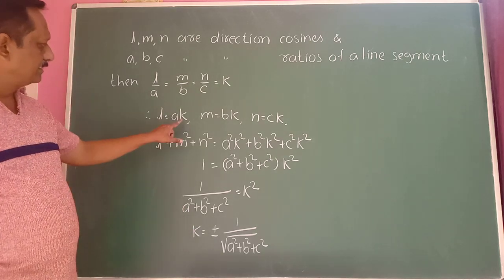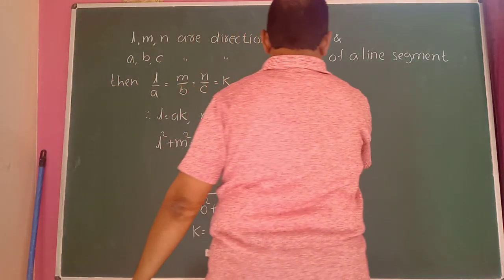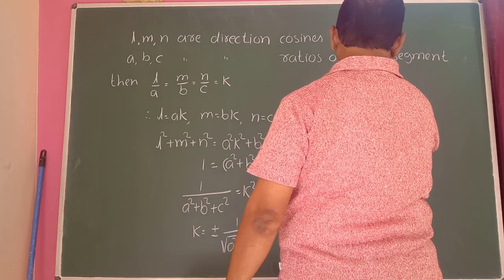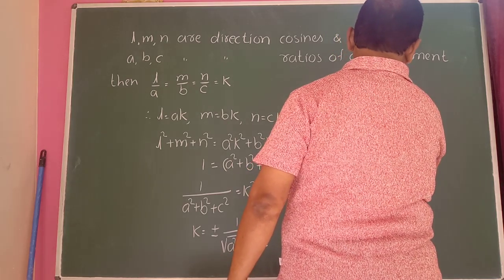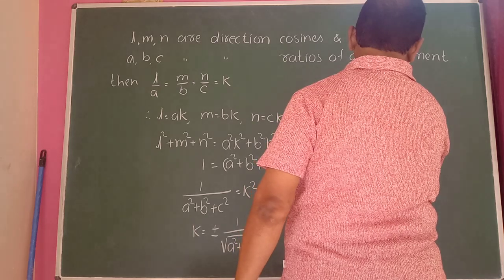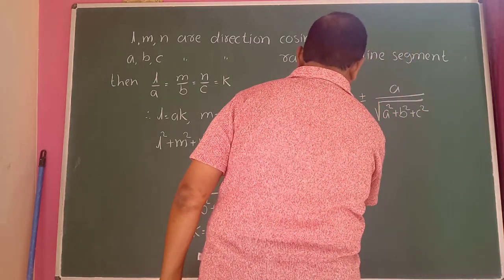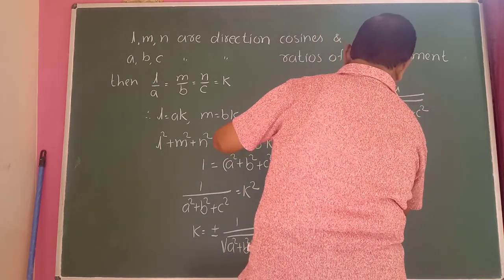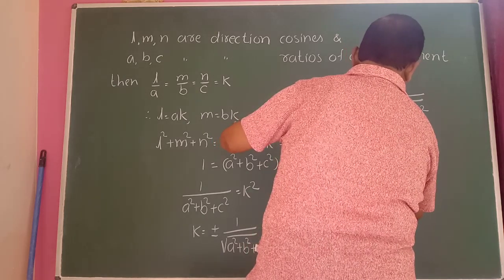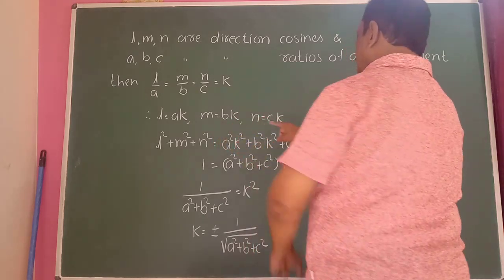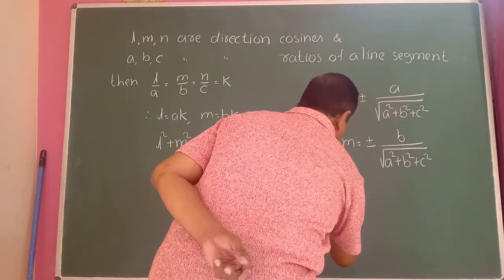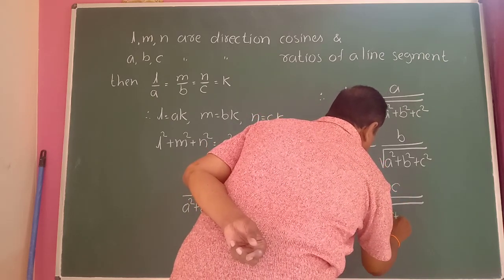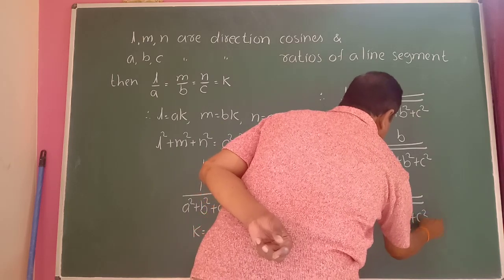Use this k here. Therefore, l is equal to a into k, so l is plus or minus a divided by root of a square plus b square plus c square, and m is equal to b into k, plus or minus b divided by root of a square plus b square plus c square. n is equal to c into k, so n is plus or minus c divided by root of a square plus b square plus c square.